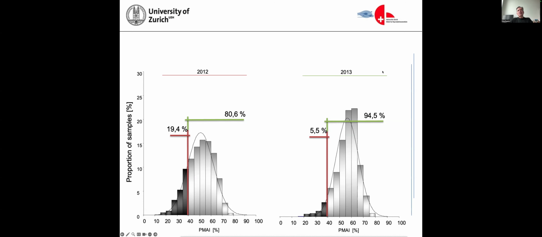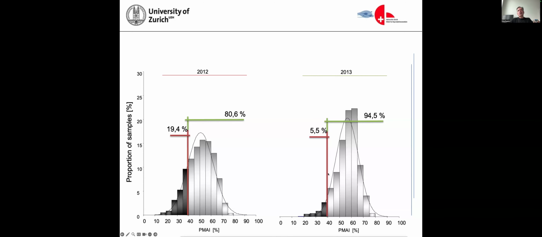And in 2013, when we started with the longer equilibration time, then we had 5.5% of the sperm samples with a lower percentage of plasma membrane intact sperm, less than 40%.